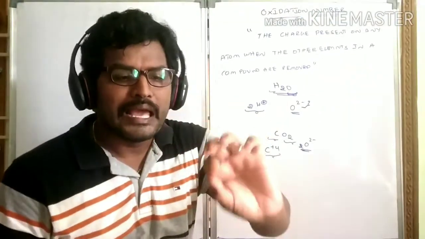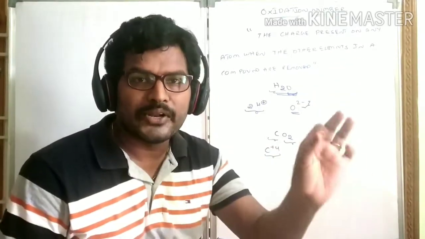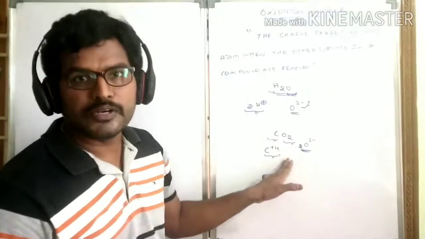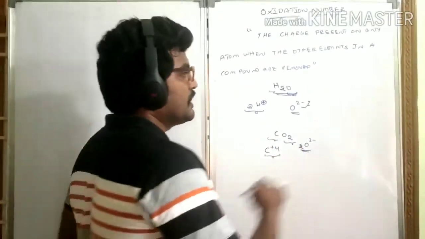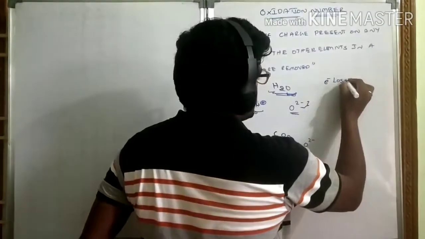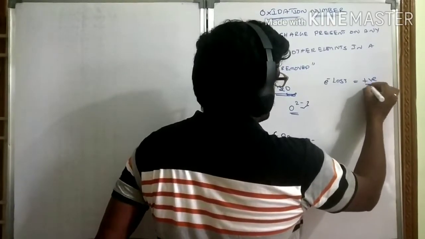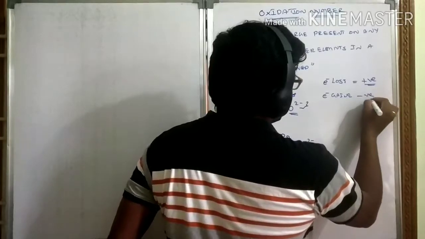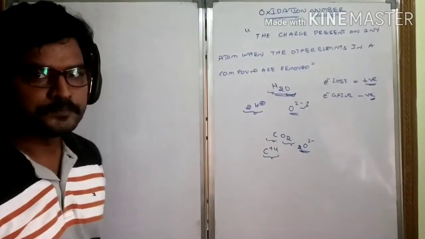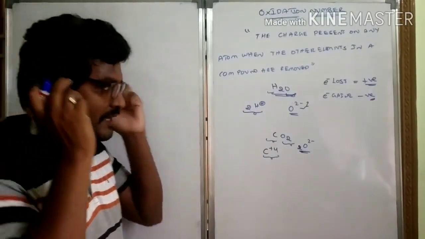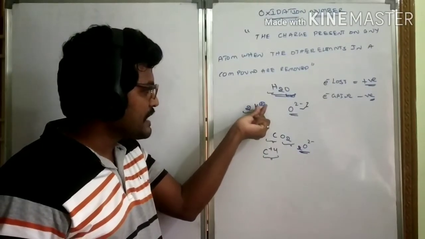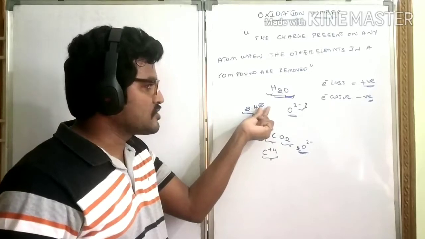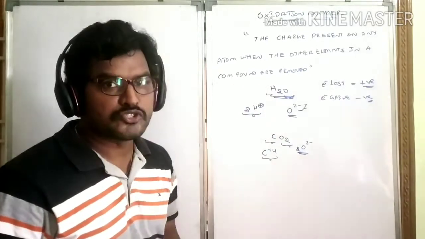Simply speaking, electrons lost by the atom or electrons gained by the atom during the formation of a compound is known as the oxidation number. Electrons lost means positive oxidation number. Electrons gained means negative oxidation number will be present. So here you see hydrogen is having positive oxidation number, that means it lost electrons during the formation of H2O.